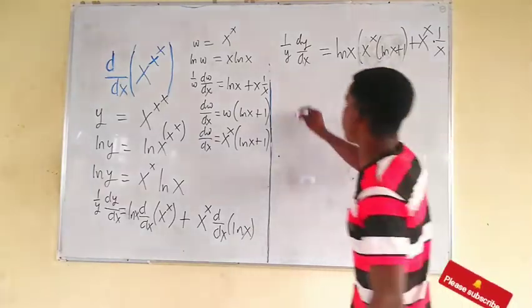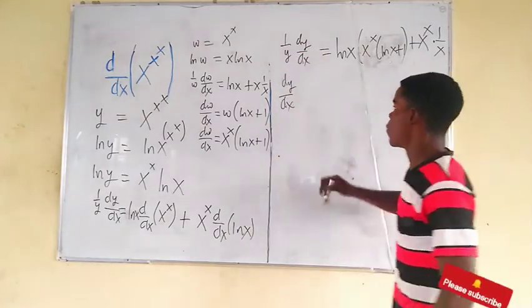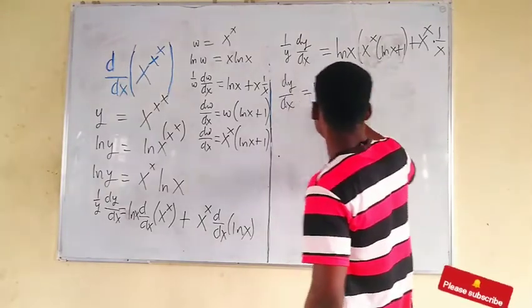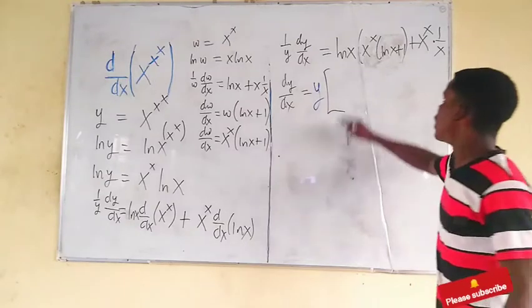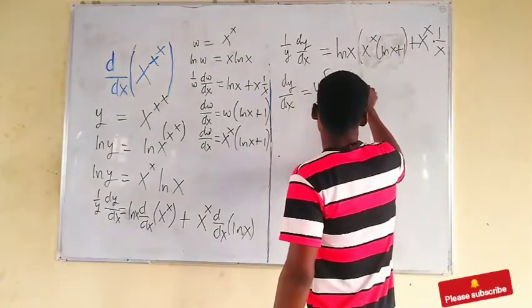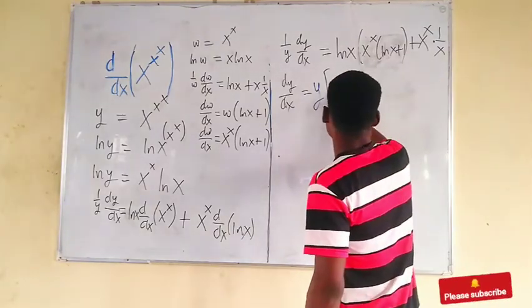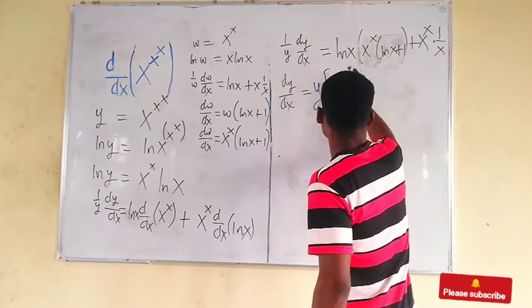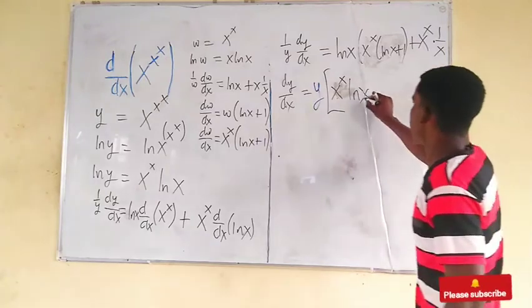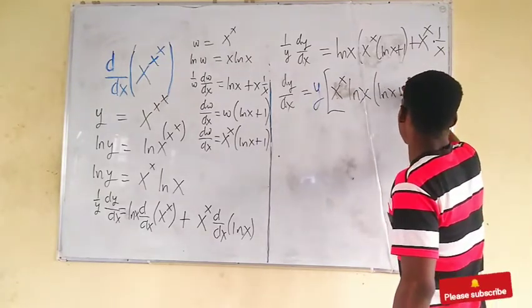And what do we have here? Well, dy dx, I can say multiply y on both sides, we're going to have that to be y times the right hand side, and the right hand side is given to be all of this right here. So we have x to the x power, then ln x, this here, and I still have my bracket ln x plus 1.